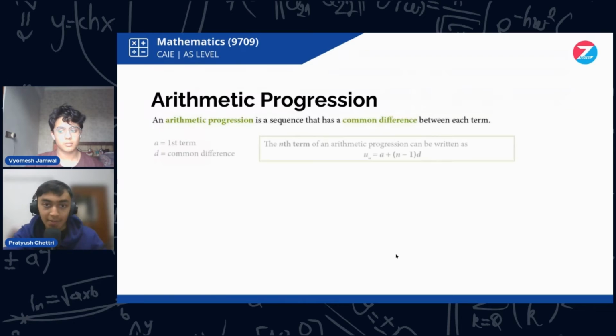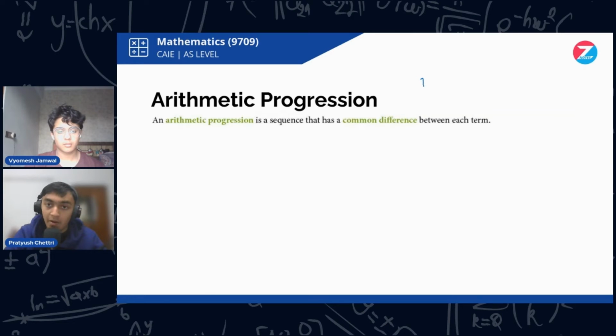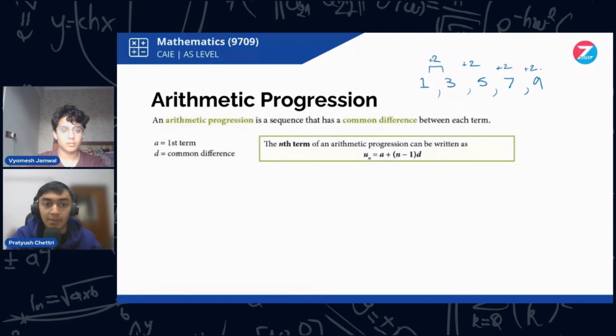That means each term increases by a certain amount. Let's say we have 1, 3, 5, 7, 9, just like before, and the common difference between them is plus 2, plus 2, plus 2, plus 2. This is an example of an arithmetic sequence.